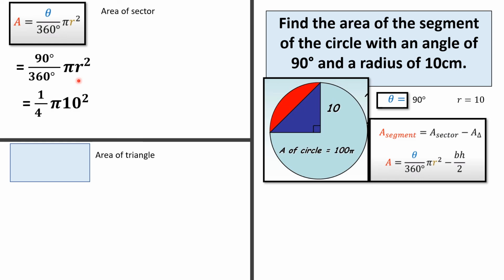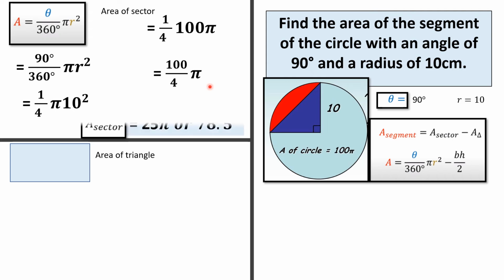Substitute nyo lang, then simplify. 90 over 360 is 1/4, times pi, and 10 squared is 100. So, 100 over 4 pi. Simplify. Therefore, our area of the sector is 100 divided by 4, which is 25 pi. In decimal, we have 78.5, since 25 times 3.14 is 78.5. So, meron na tayong area of a sector.